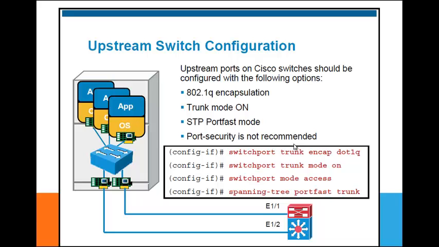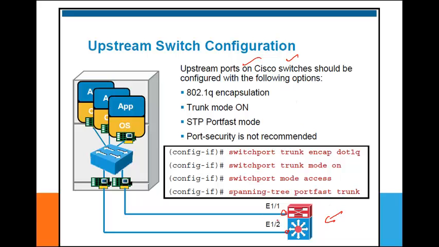Now this is how the configuration of this interface will be. This is not the configuration on a vSwitch. This is the upstream port configuration on a Cisco switch, a normal Cisco switch.